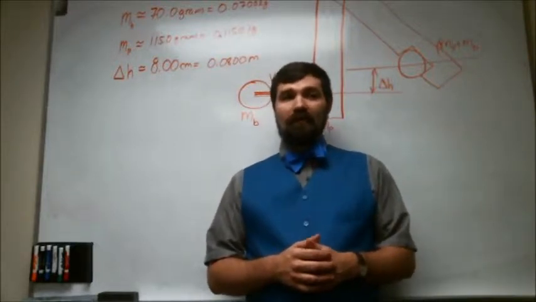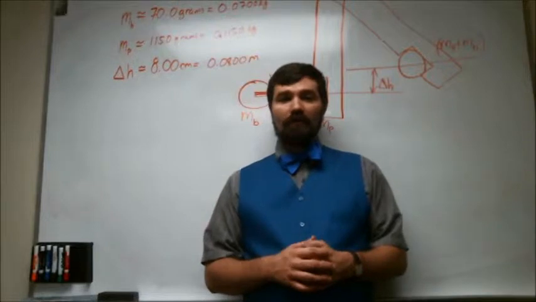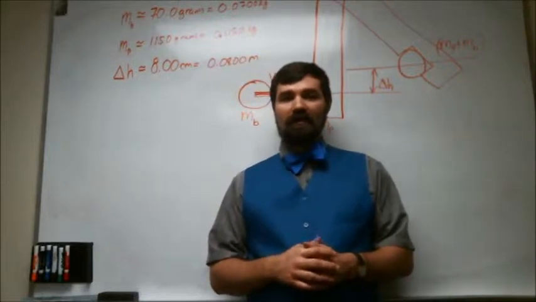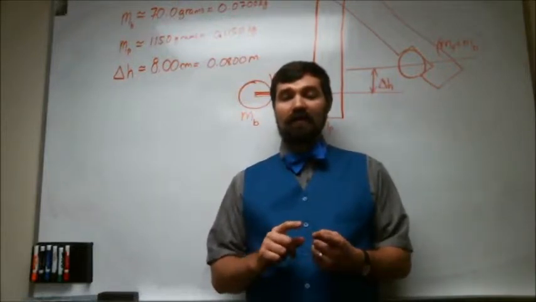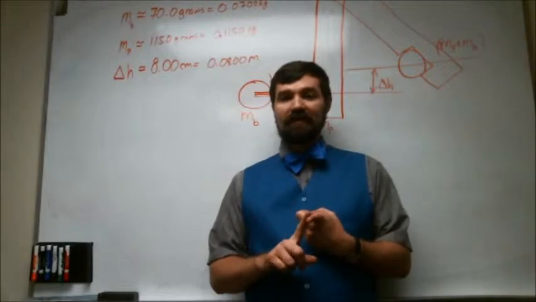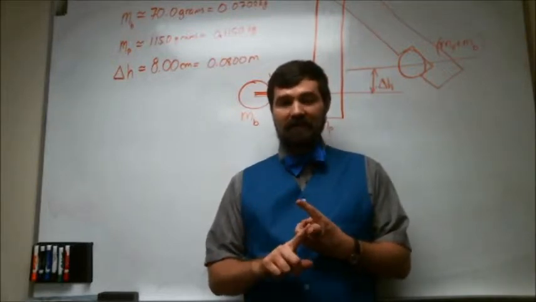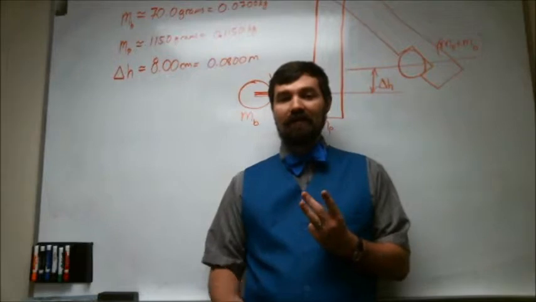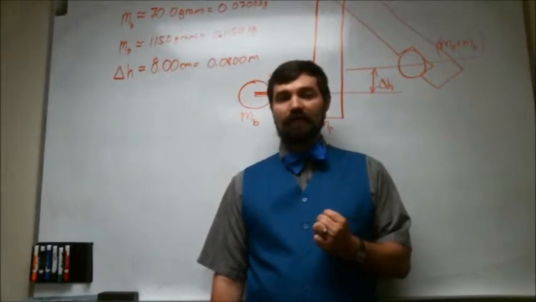So I'm going to work through an example in which I know the initial mass of the projectile that's hitting the pendulum, I know the initial mass of the pendulum, and I know the change in height that the pendulum and object swing through together.